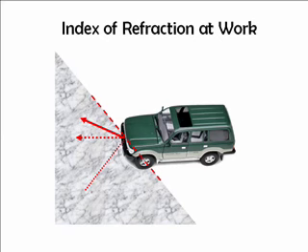If you see the path that the truck was taking relative to the normal and the path that it's now going to take, it is away from the normal. So we can say a ray of light moving from a medium of high index to a medium of low index is going to bend away from the normal.